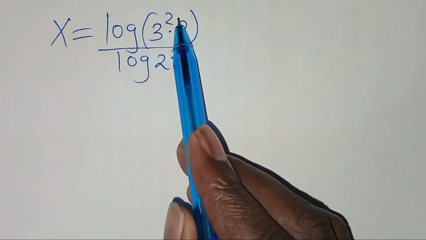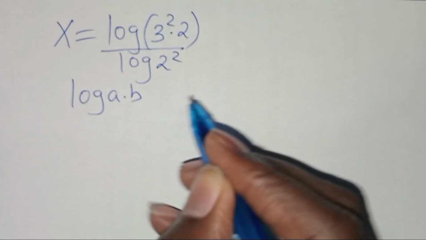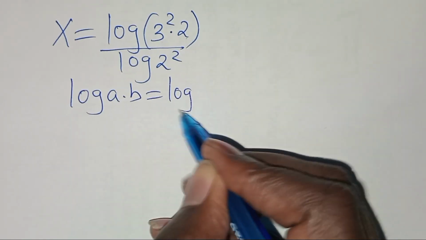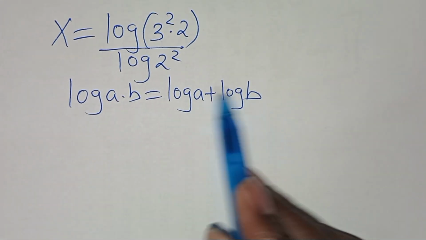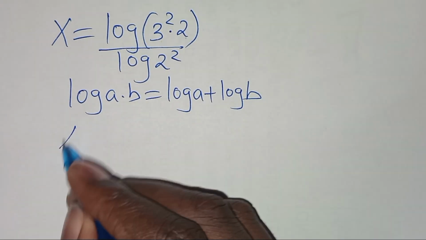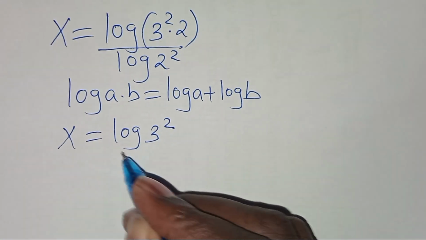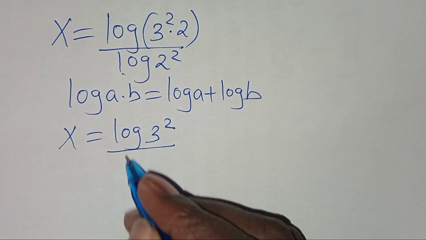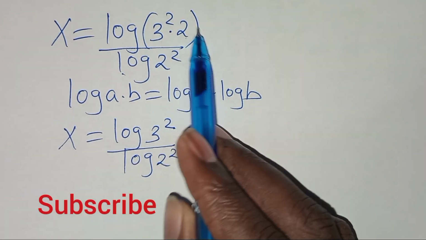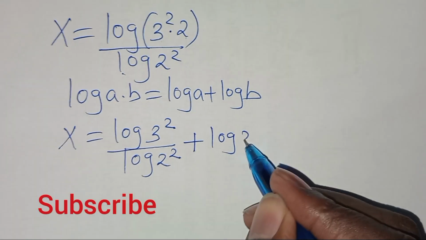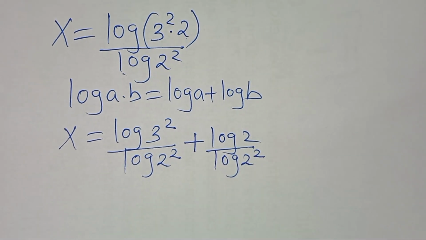Now, log 3 to power 2 times 2, this is in the form of log a times b, which we can express as log a plus log b. So applying this logarithm property, we find that x is equal to log 3 to power 2 divided by log 2 to power 2 plus log 2 divided by log 2 to power 2.